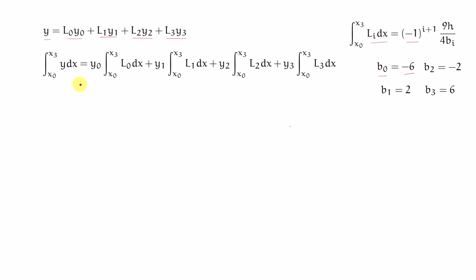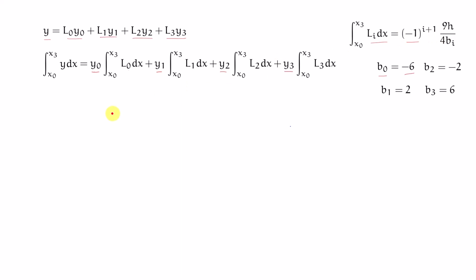So now we are ready to plug this here in this expression, that is integral of y dx. You can see that y0, y1, y2, etc. they are all constants, so they are out of the integral. And L0 dx, L1 dx, etc. we have evaluated here. All of them contain 9h by 4.